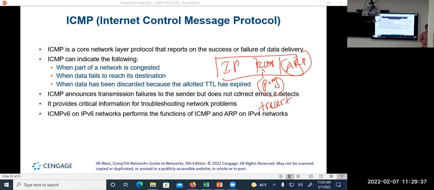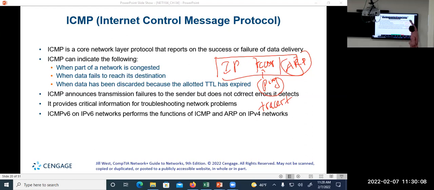ARP. What is the ARP? What do you think? I explained this last time. I have the simulation for that also. What is the ARP, and why do we need to use it? Any idea how and why we need to use the ARP message?